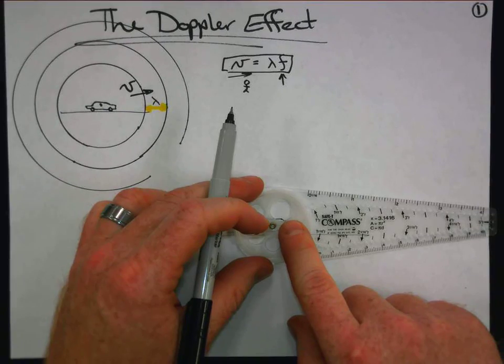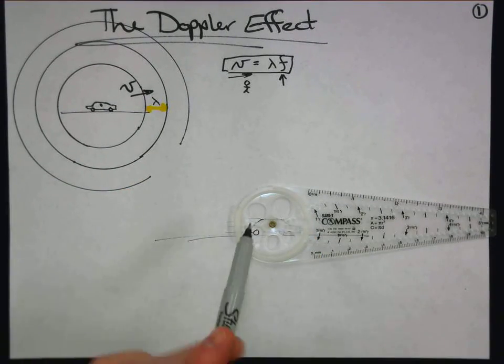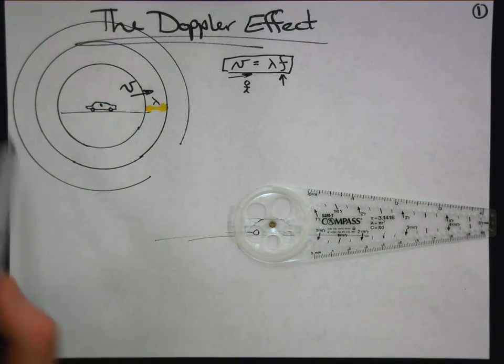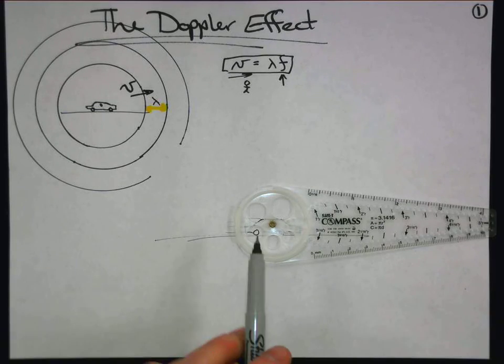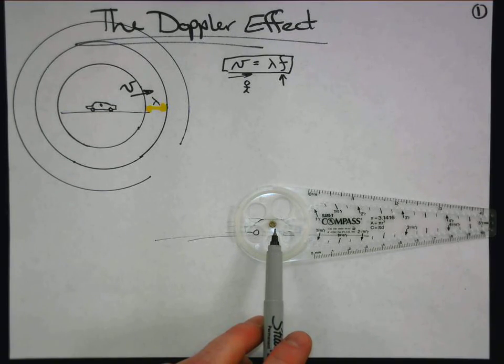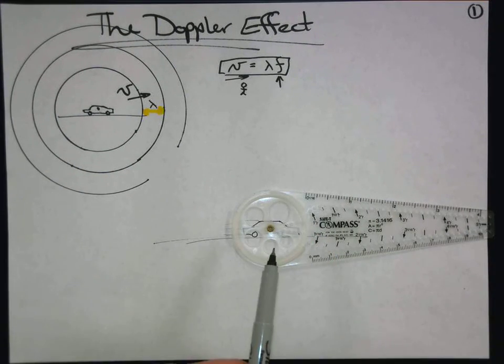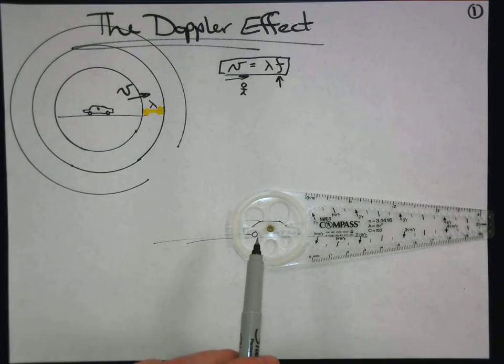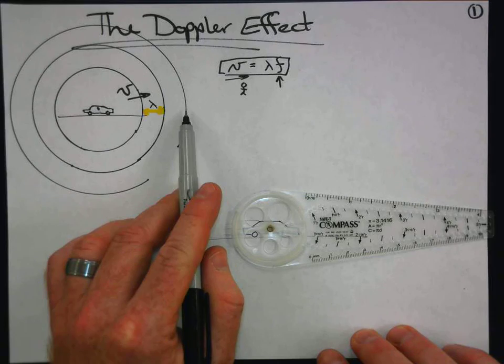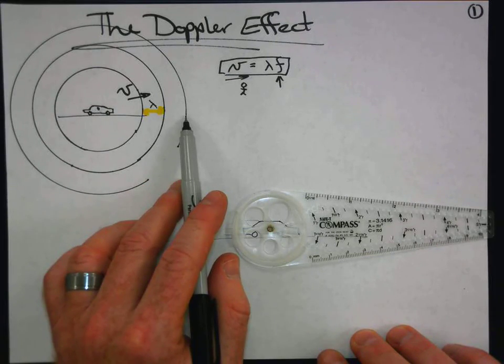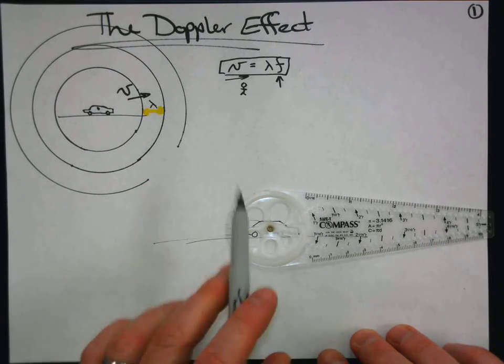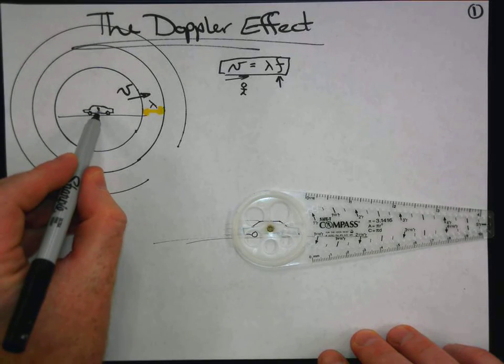Here's why. I cannot draw all of these circles representing these sound waves with the same center. A sound wave that was made a few moments ago, like this one, has had time to spread outward from the source. This one was created when the car is here.